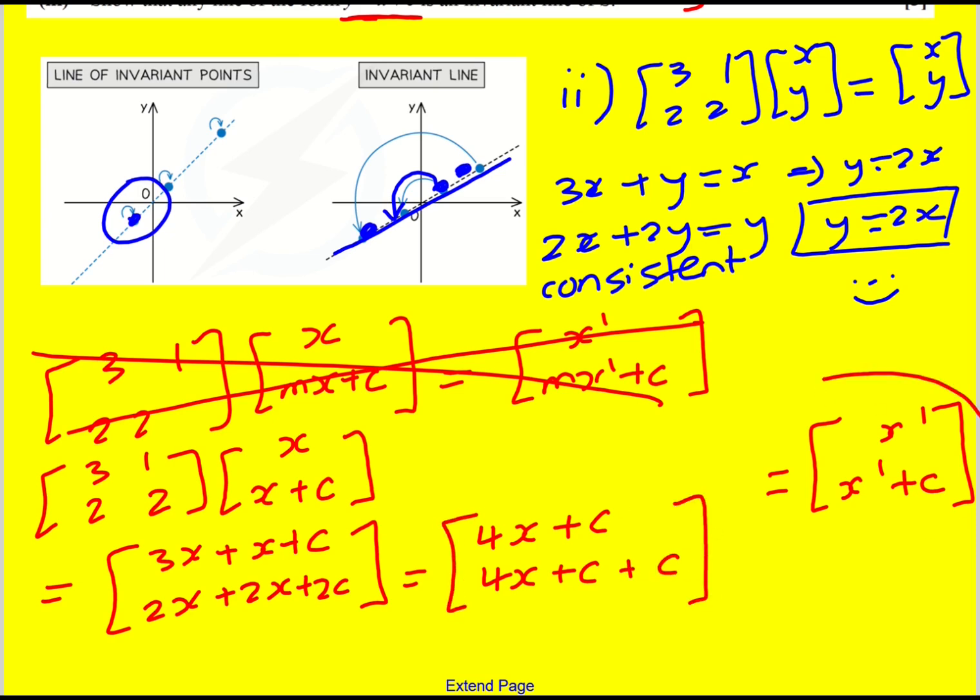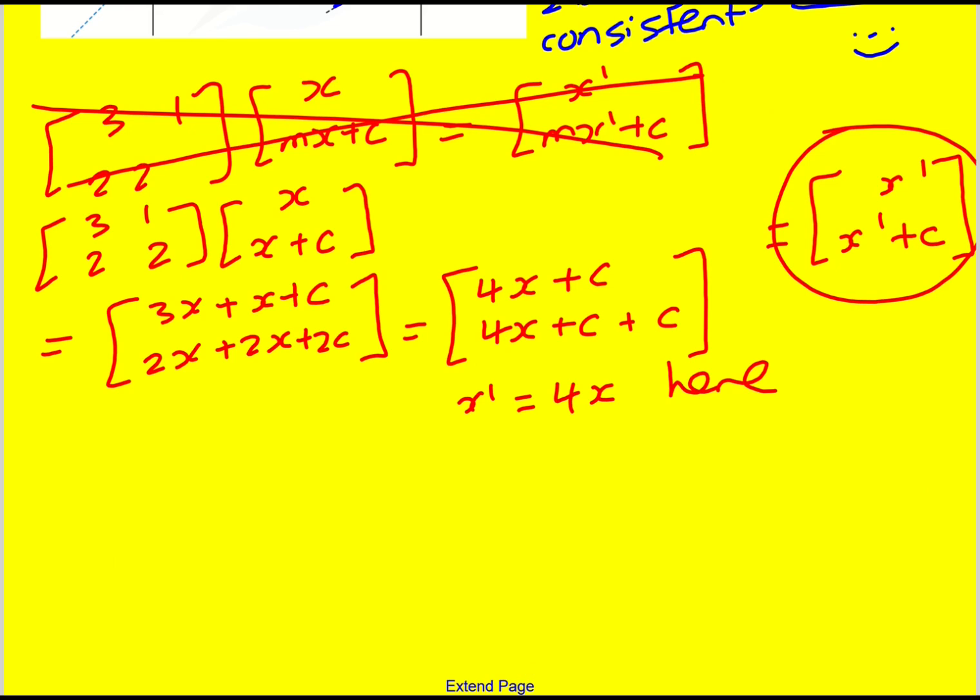And I have it in the right form. So x dash is equal to 4x here. What is happening is that x is actually transforming to 4x, whilst y is transforming to 4x plus c.